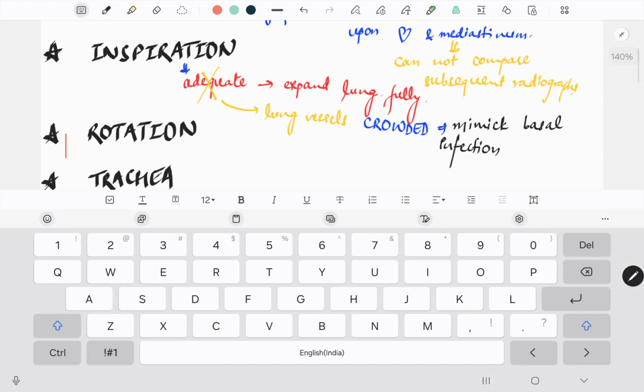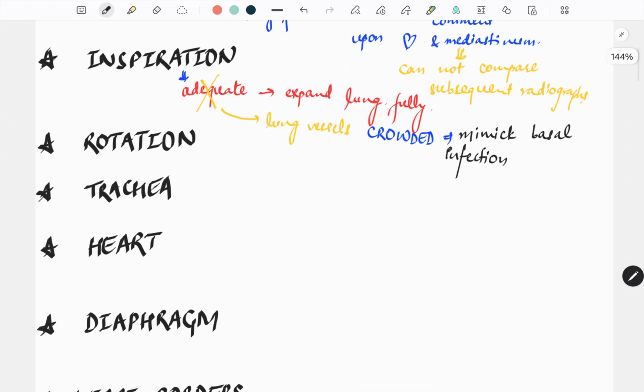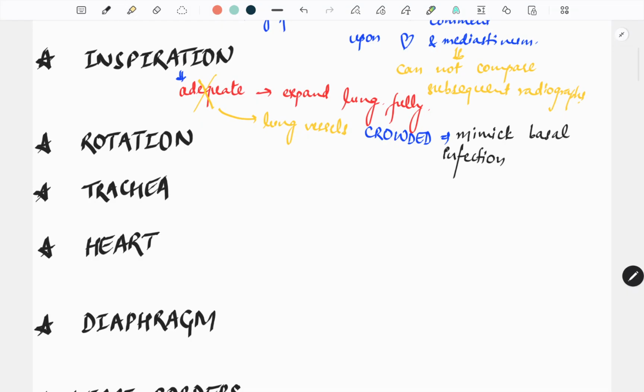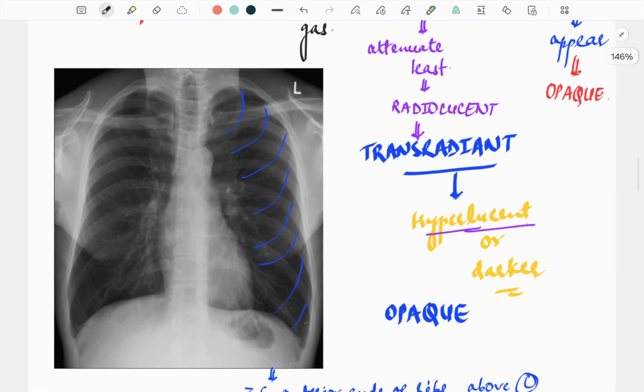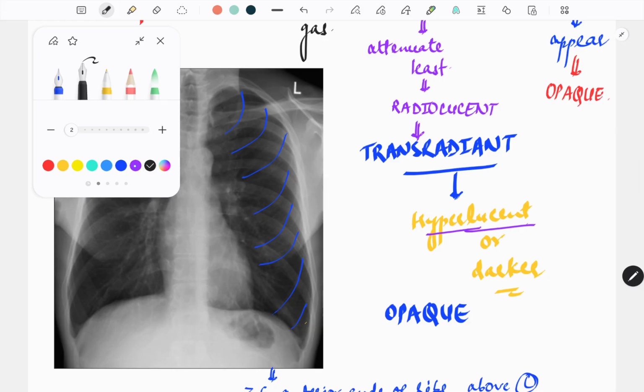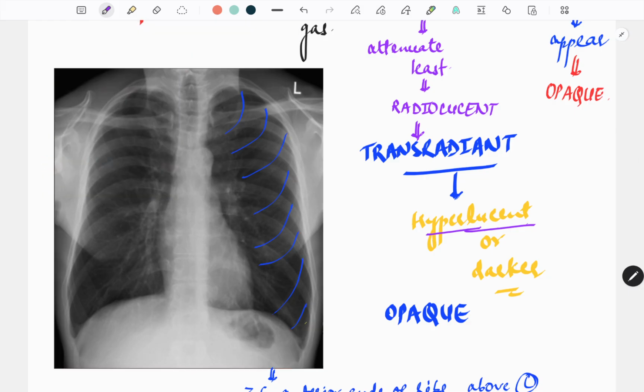Now we'll come to rotation. For rotation, what we'll do is draw a line through the spinous processes of upper thoracic vertebral bodies, preferably T1 to T5, and then we will compare the distance between this line and the medial ends of the bilateral clavicles.